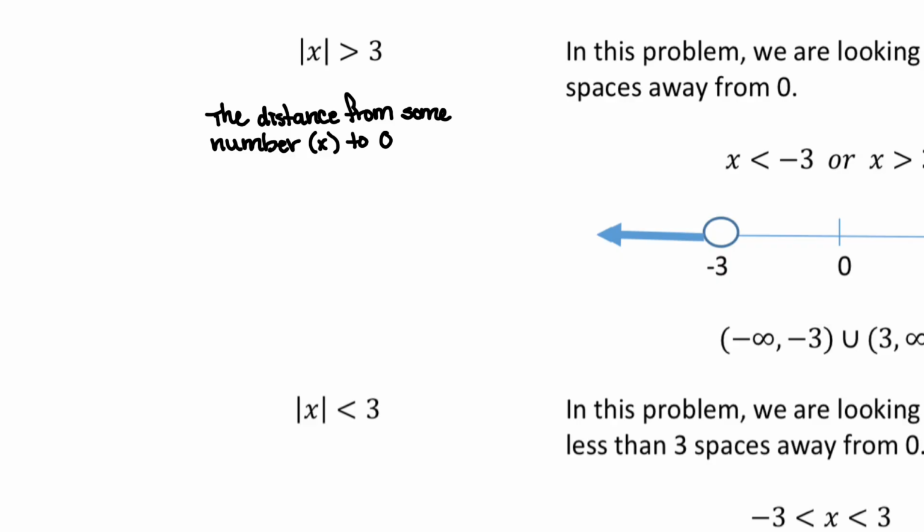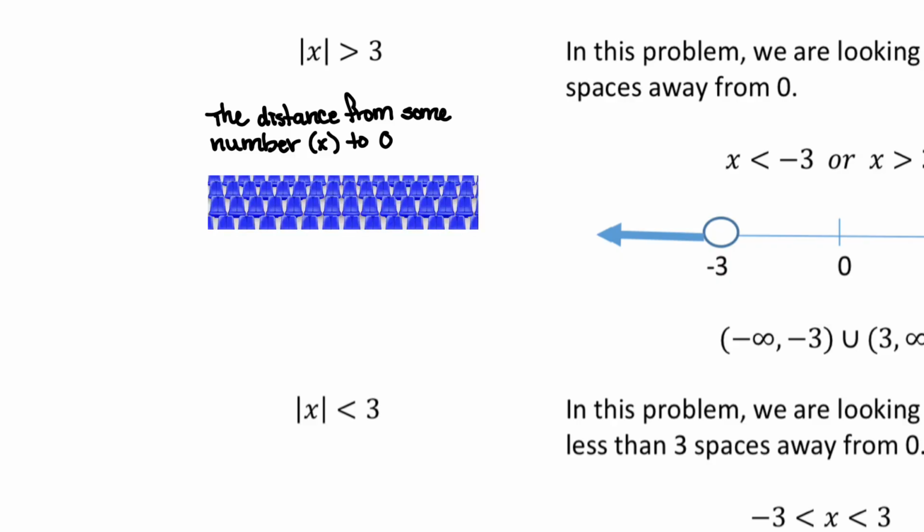Okay, so think of pod seating back in COVID. Okay, so what that means is let's say you are sitting like right here, and the distance between you and the next person has to be more than 3. So 1, 2, 3, the next person could sit here, but they couldn't be any closer.